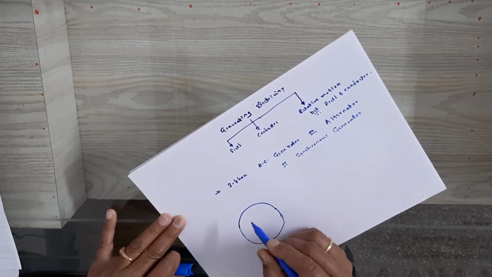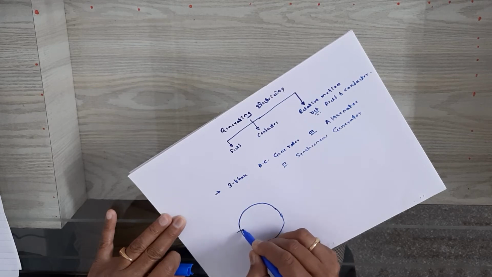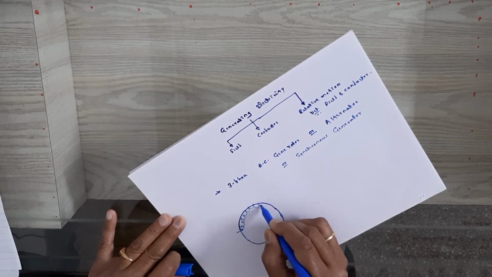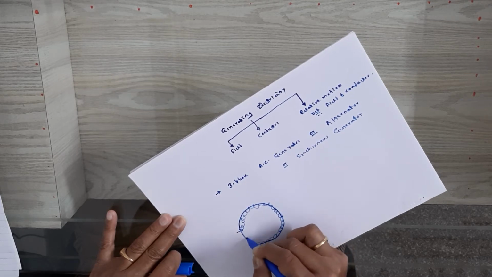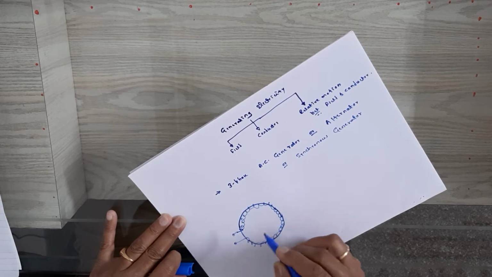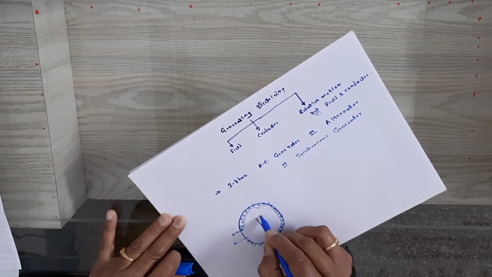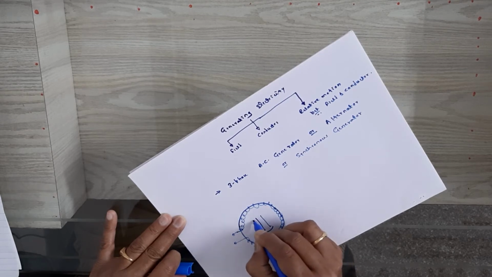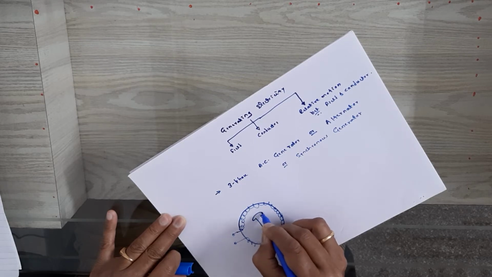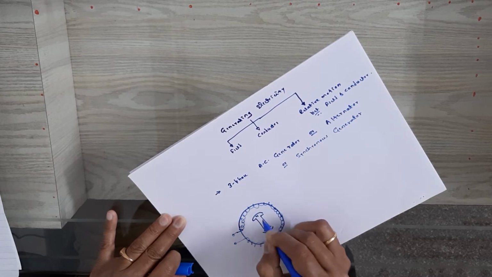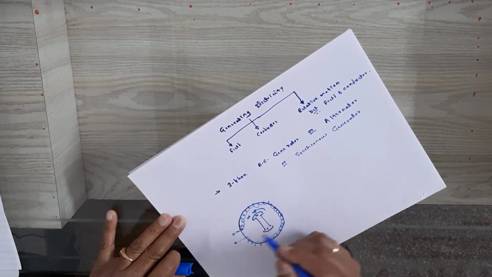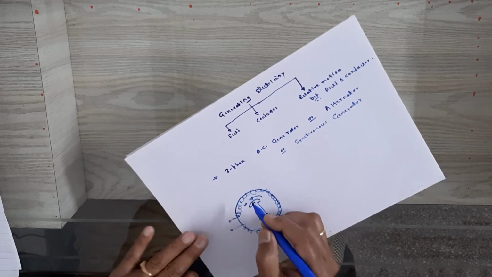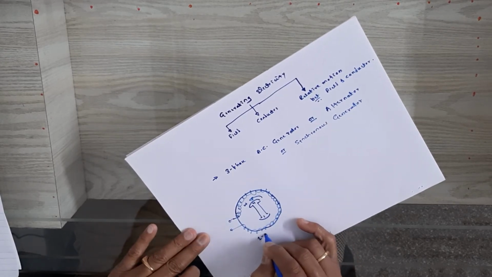If you have only one coil, and there is the field, a two-pole machine with N and S, rotating with omega radians per second, then the voltage induced in this one is called a single-phase alternator.